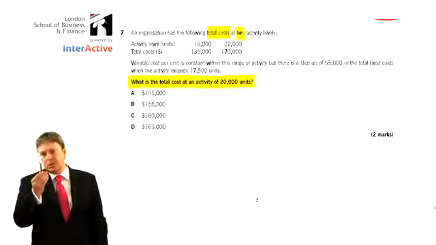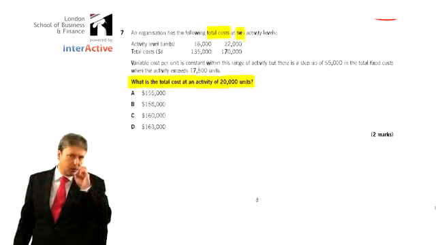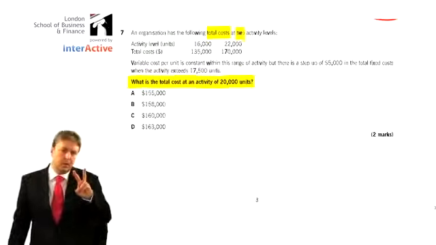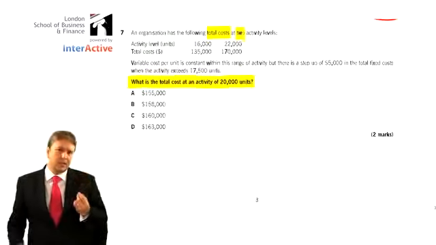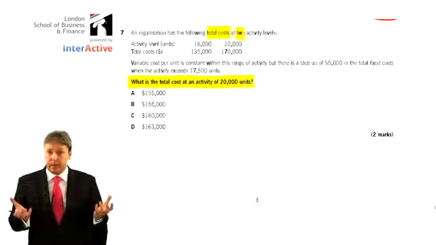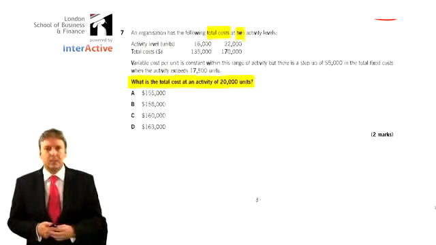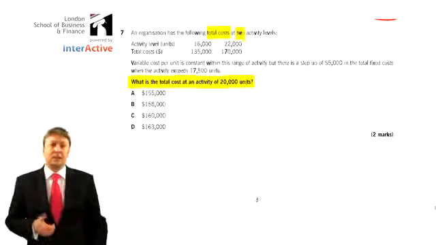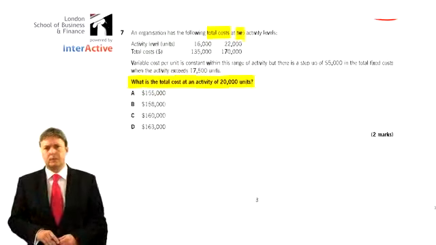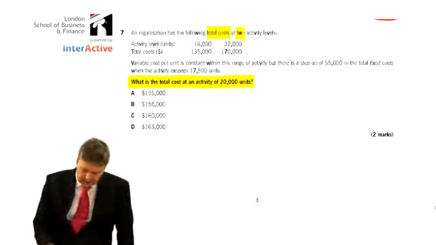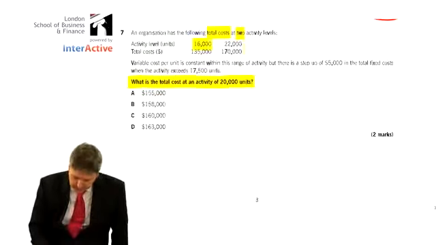Right, as soon as I see this, I immediately think high-low method. Because we've only got two pairs of data, we're looking at simple ways of separating variable from fixed, on the basis that variable costs vary proportionately with activity and fixed costs are, well, they're fixed, they remain constant. So we've got the information here, activity levels 16,000 and 22,000, total cost 135 and 170.